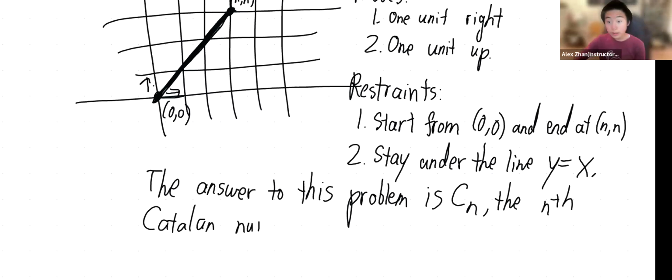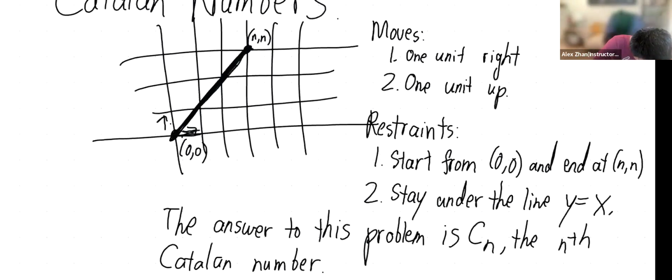I think it's just you can't touch that line. Oh, Cynthia, actually you are allowed to touch the line. You're just not allowed to go above it. For instance, this grid walk is allowed.